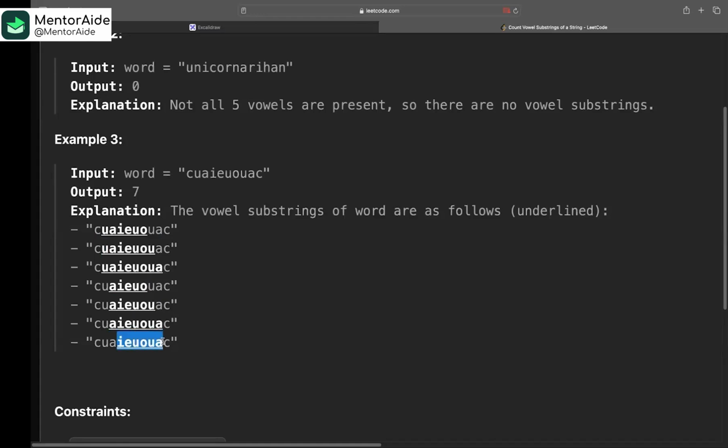Can anyone tell me how we are going to update our strategy? Because it's clear we are missing some of the strings. So from this example 3, you should be able to find out what change we require in our strategy. I mean, when we are shrinking, we should update the answer as well.